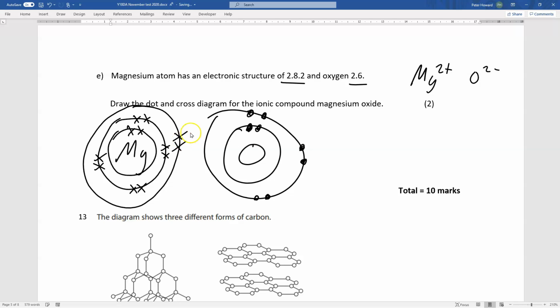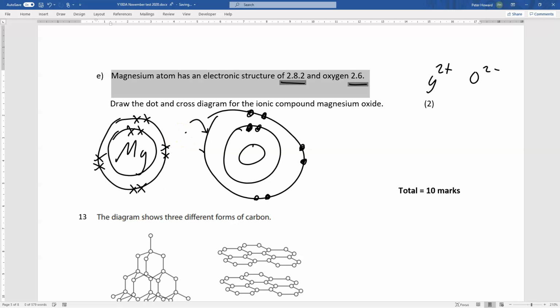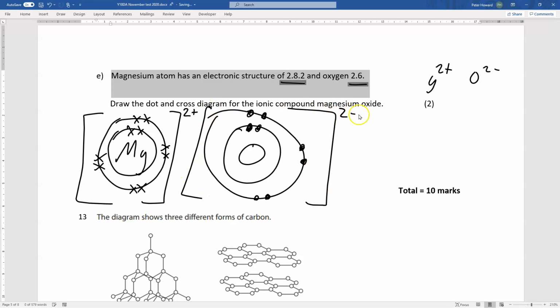Now, magnesium will obtain a full outer shell, so the 2 electrons from the outer shell of magnesium are transferred to the oxygen atom. And we draw magnesium now with a charge of 2+, and the oxide ion with a charge of 2-, and we've got the 2 transferred electrons which came from magnesium here. So that's how we draw a dot and cross diagram for magnesium oxide.